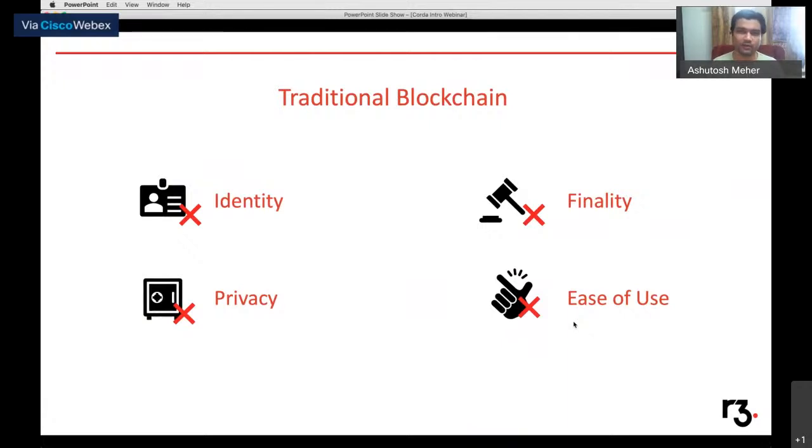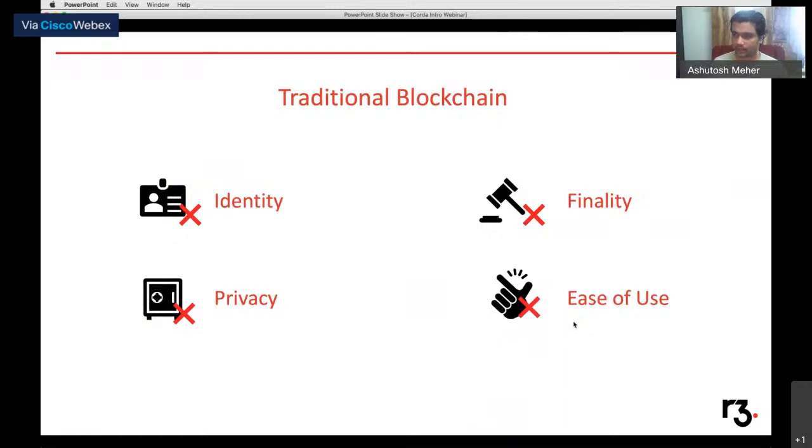You want to have more partners join in into your business, and then it just keeps growing the complexity of managing these kinds of silos. So that's where we say Corda is a third generation blockchain. You don't really need these kinds of things. We'll talk about that in more detail when we go into solving these problems and how Corda tackles them.